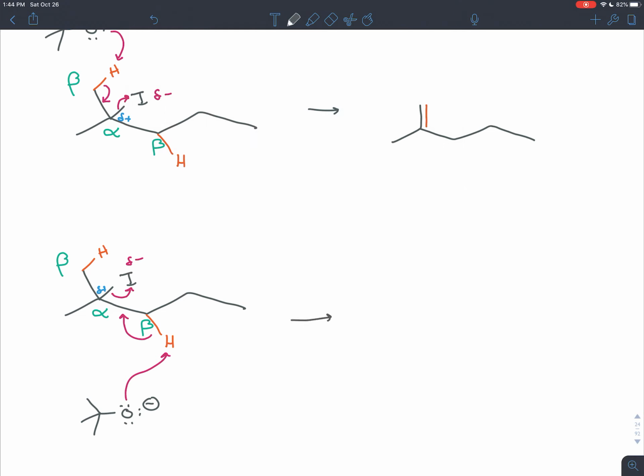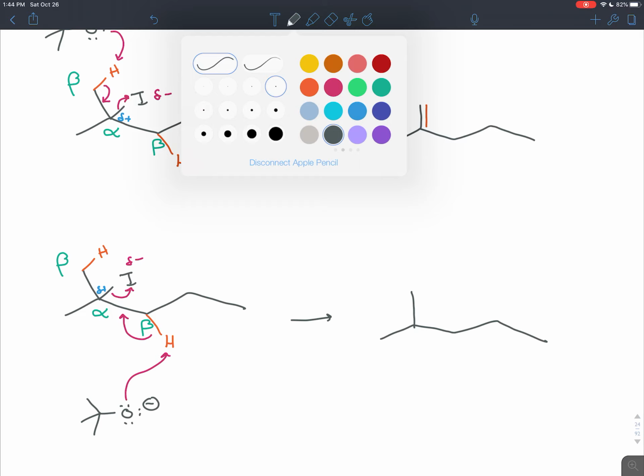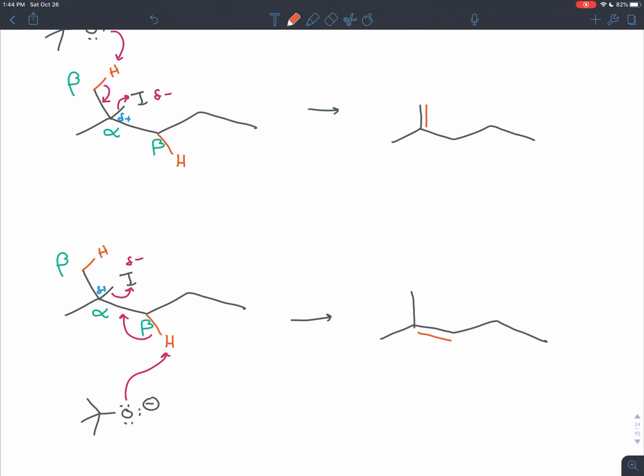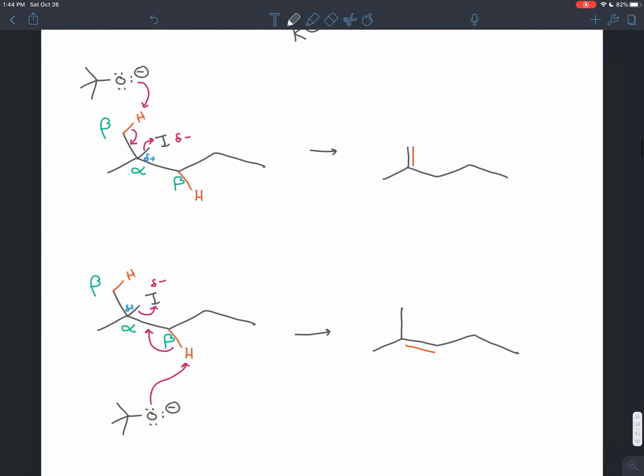So you get proton transfer and loss of leaving group at the same time. So it's an E2 mechanism, and the product that we're left with is this. Let me clarify that just a little bit. There we go. So these are our two possible products.